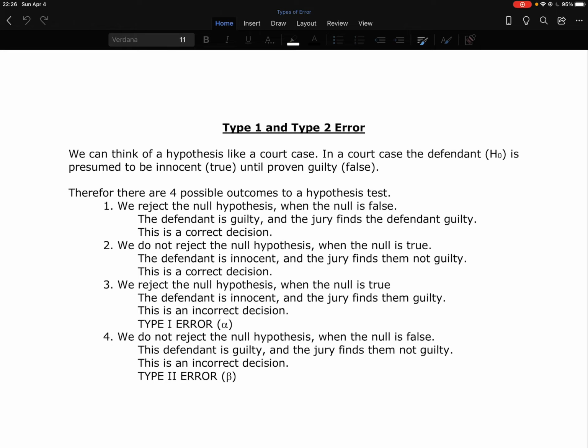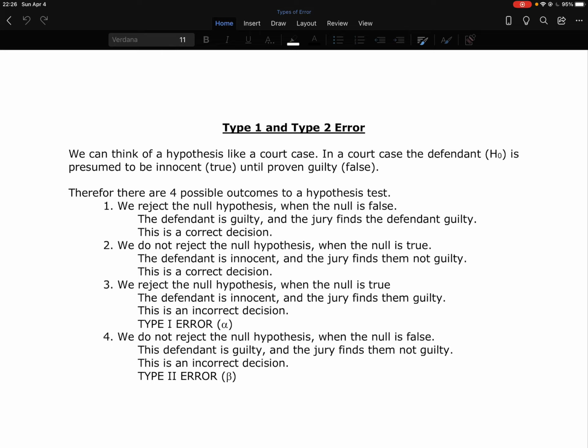Just like in a court case, the defendant is presumed to be innocent unless they can be proven guilty. And that's the same thing with a hypothesis test. We assume that the null is true unless we have enough evidence to say that it is false.